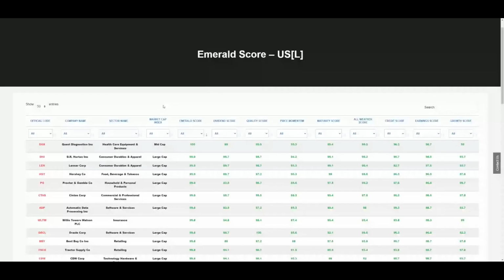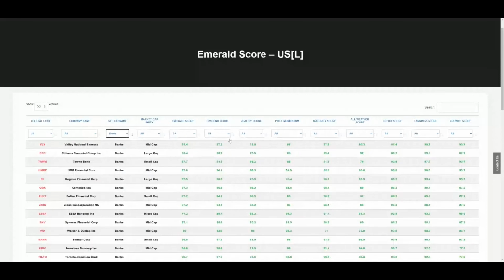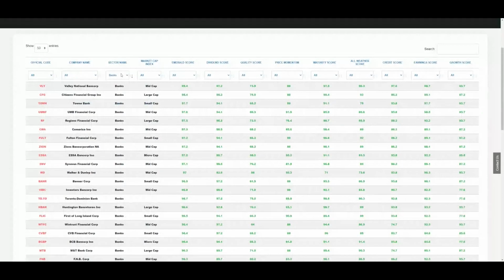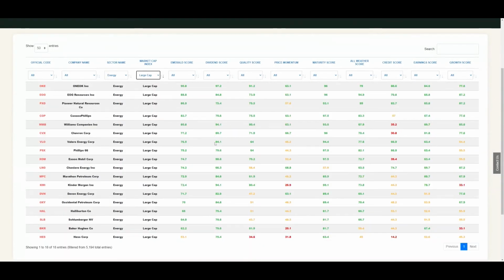This is our US score screener. Sorry about that. Yep, I'm still presenting this from home. But if we look at our screener, we can look at all the banks, in this case the US listed banks. We can look at different sectors, and we can see what scores well from the large cap US banks.